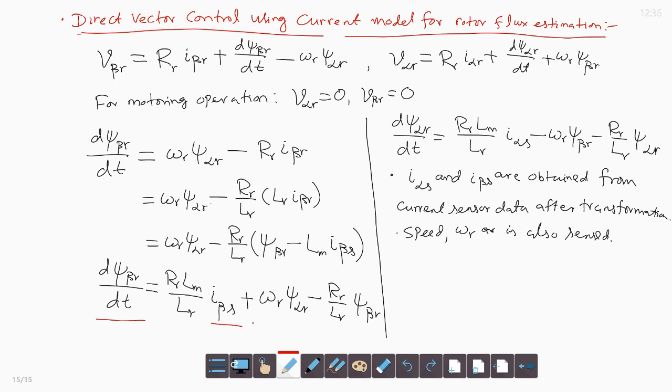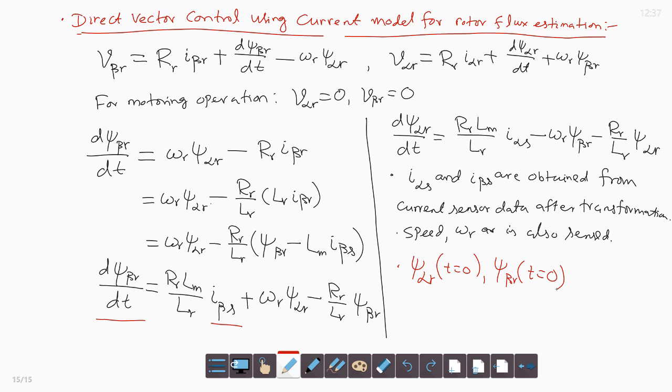So, we start from the initial condition, with the initial value of psi alpha R at t equal to 0 and psi beta R at t equal to 0.